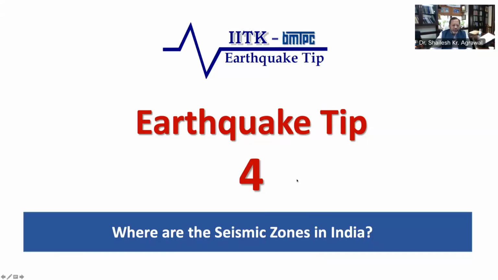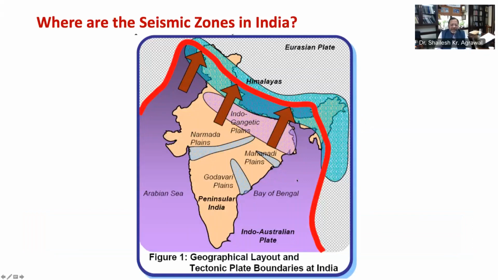Before proceeding to seismic zones, we need to understand why our country is prone to earthquakes, and for that, we need to understand the basic geography and tectonic features of the country. Remember, in the first tip about earthquake occurrence, I told you that earthquakes come due to plate tectonic theory.